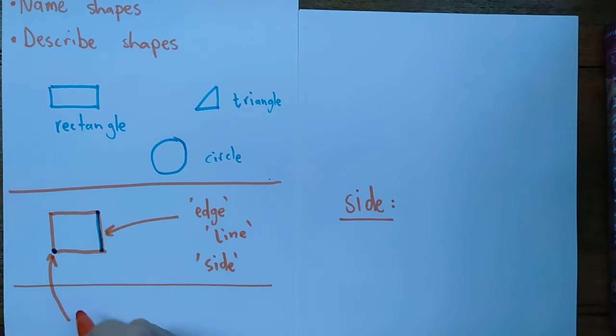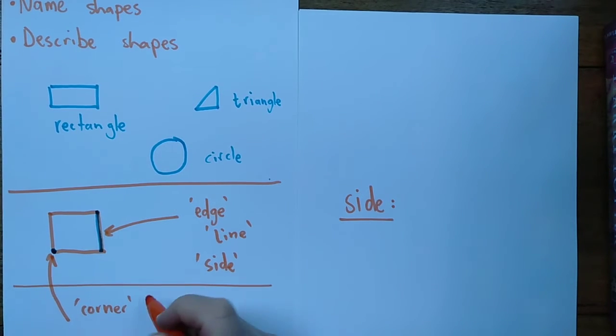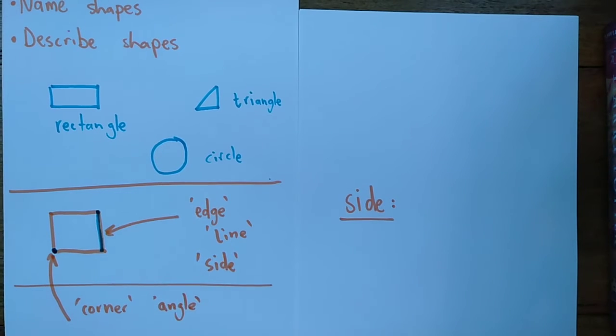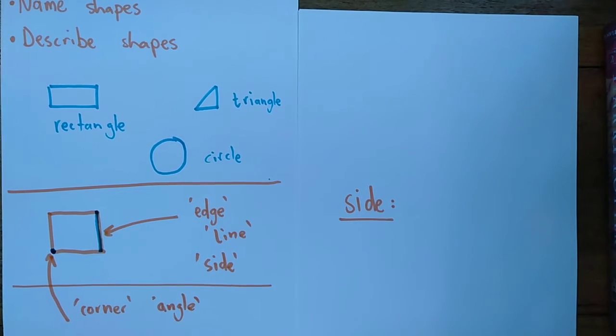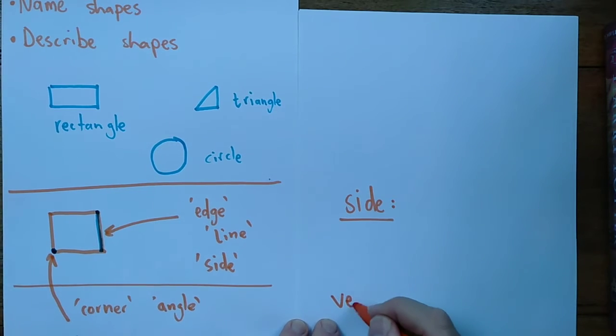And in everyday language, we might call that a corner. Sometimes in maths, we might also call it an angle. But specifically, we're going to refer to that where the two lines meet, or the two sides meet, as a vertex.